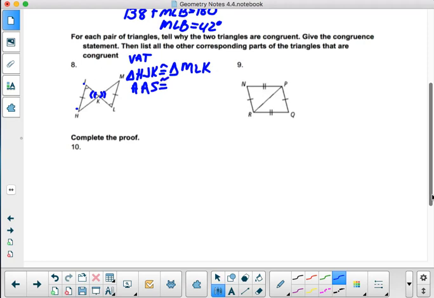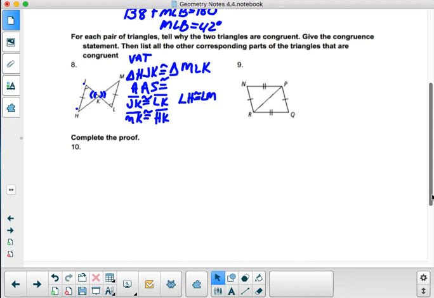Then list the other corresponding parts that are congruent. The other things that weren't used in the congruence are JK congruent to LK, MK congruent to HK, and angle H and angle M being congruent.